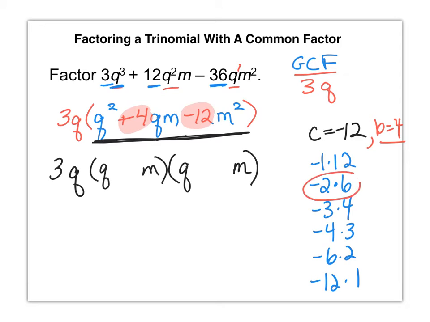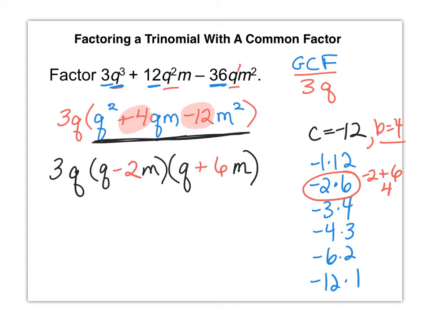That pair of factors is negative 2 and a positive 6, because negative 2 plus 6 gives you a positive 4. So our factors here are going to be q minus 2m and q plus 6m, in addition to our 3q, which was the greatest common factor.